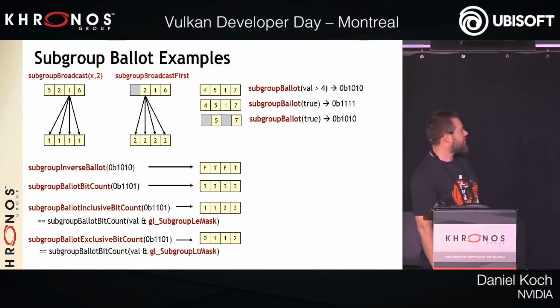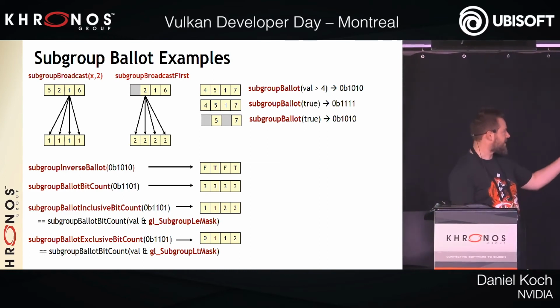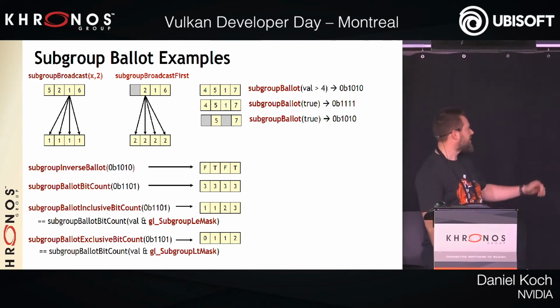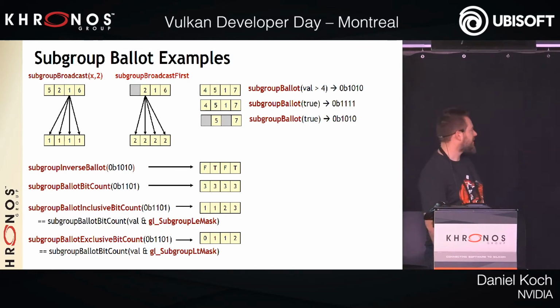So how do some of the helper functions work? Subgroup ballot inverse basically tells you, okay, was this computation true or false. Bit count tells you how many threads, so in the first example, in 1101, there's 3 active, so each gets 3. If you do ballot inclusive bit count, it basically adds up as you go along because it's an inclusive one, including itself.